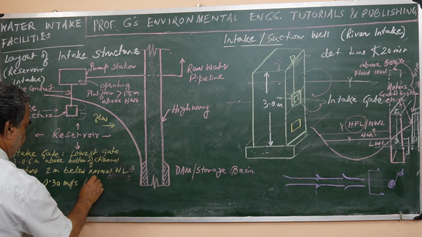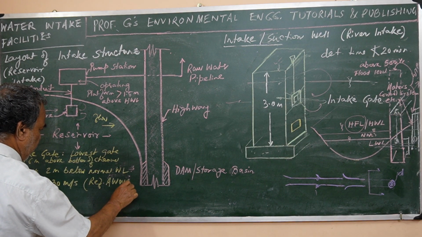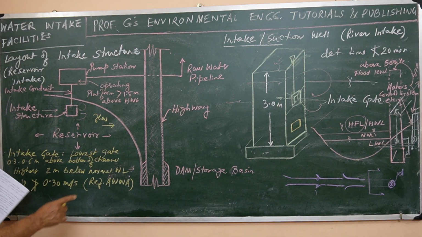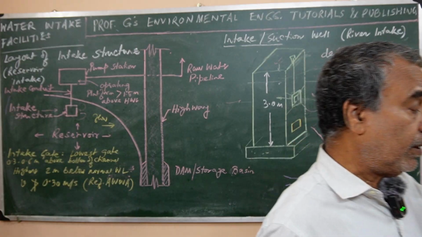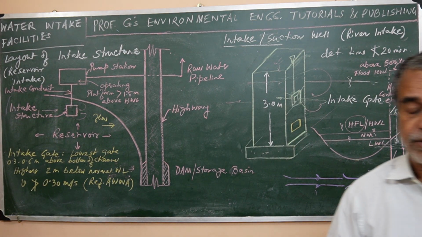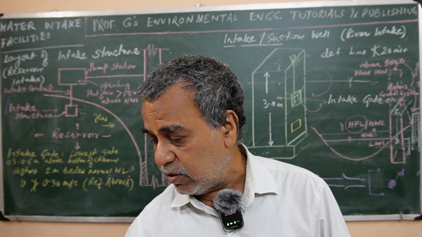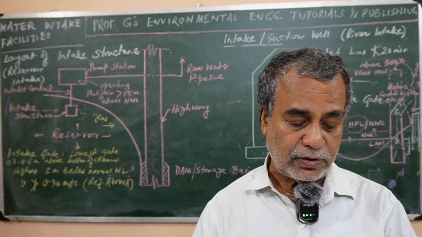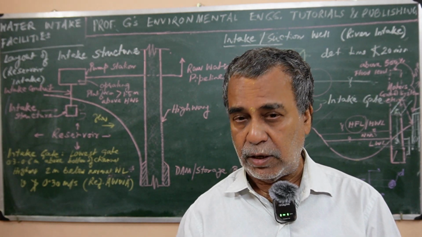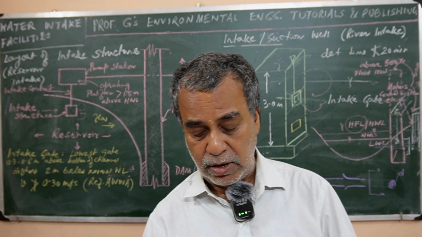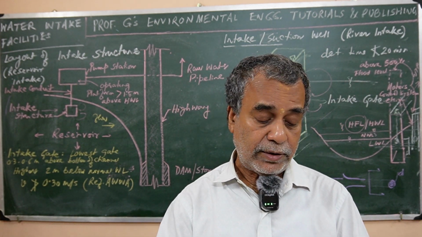This is recommended by AWWA, the American Water Works Association, because our country's CPHEEO Manual or IS code has not specified it. There is no IS code on intake facilities or intake design. If you happen to get one, then let me know.